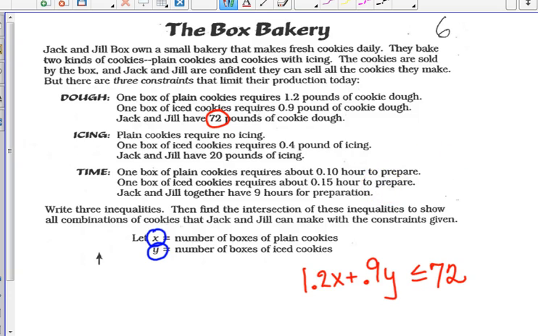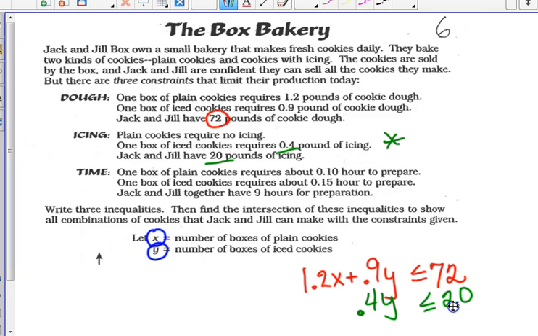All right, another equation. What's going on here? When we actually go to ice them or frost them, we only need frosting for one kind. 0.4 pounds for an iced box, and we only have 20 pounds of icing. 0.4Y is less than or equal to 20.